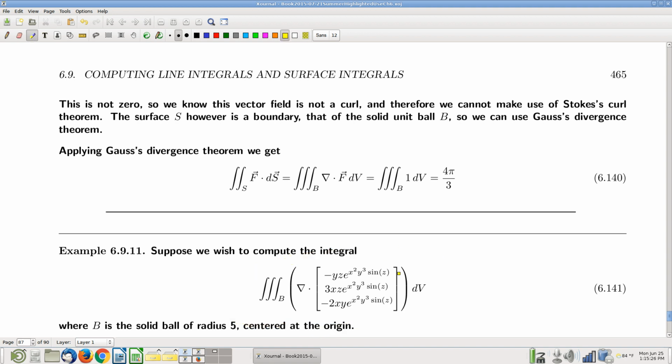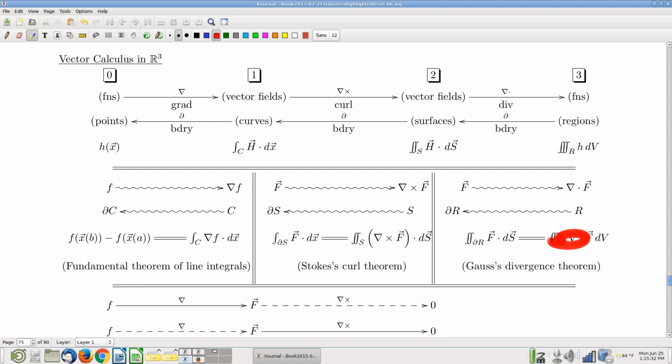The foot in the door here, of course, is to realize I've asked you for a triple integral of divergence, and that screams Gauss's divergence theorem. Triple integral of divergence says you're really computing a flux. So let's look at that flux on the surface.